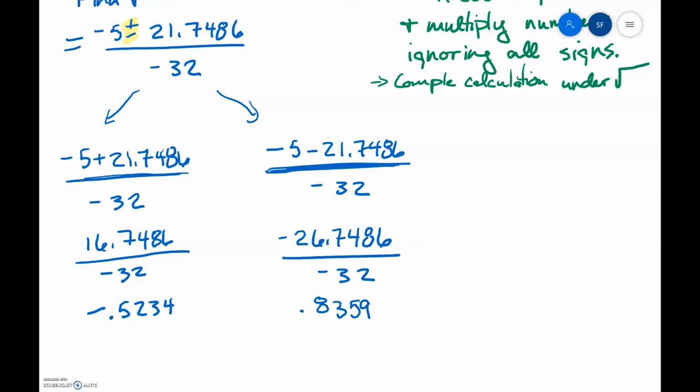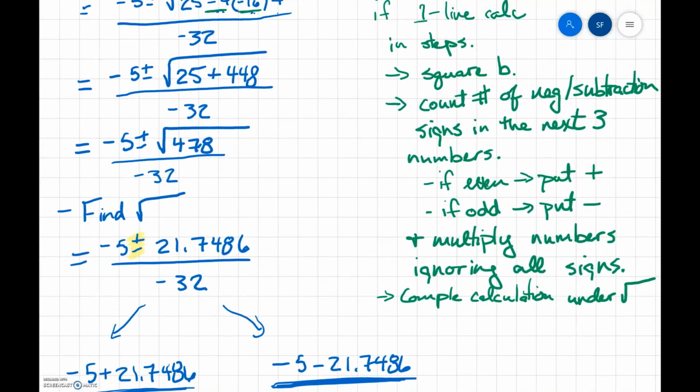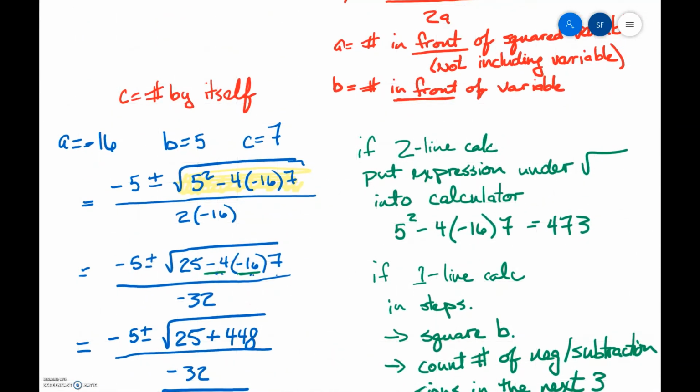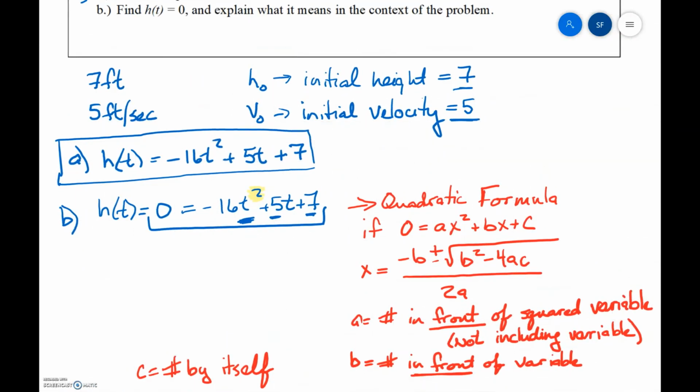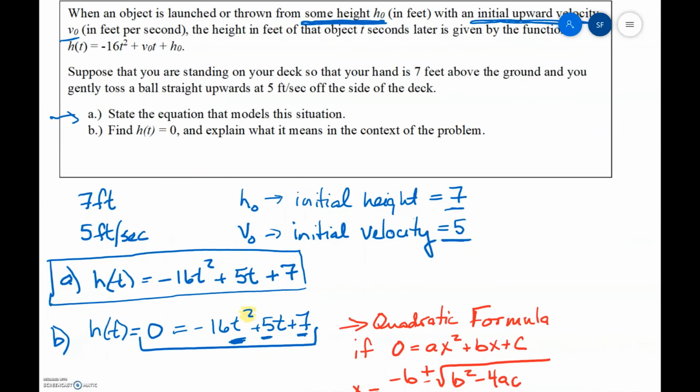We've gotten 2 answers. But once again, the difference between this class and an algebra class is you have to understand the context. So what do these 2 numbers mean? If we go back up, we said we set h of t, which represents the height, equal to 0.